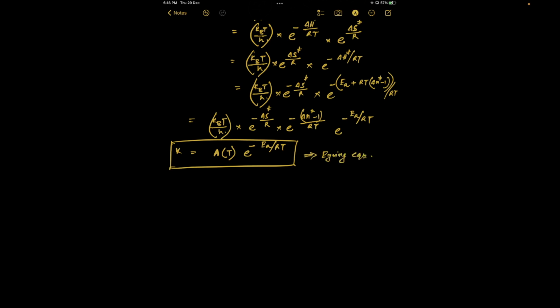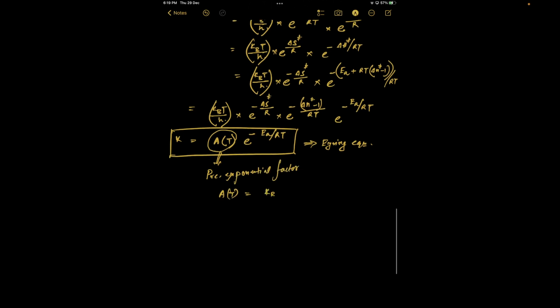Now the important thing is that in the Eyring equation, this is the pre-exponential factor, right? So the pre-exponential factor has a particular form: A(T) is kBT divided by h times exponential delta S double dagger divided by R times exponential delta N double dagger minus 1.